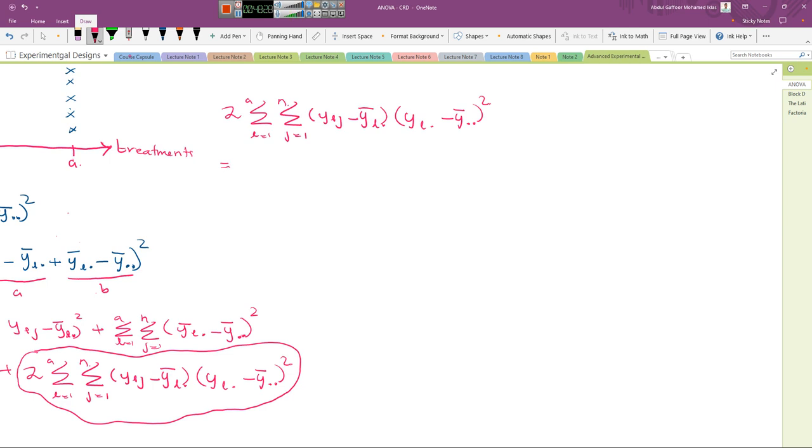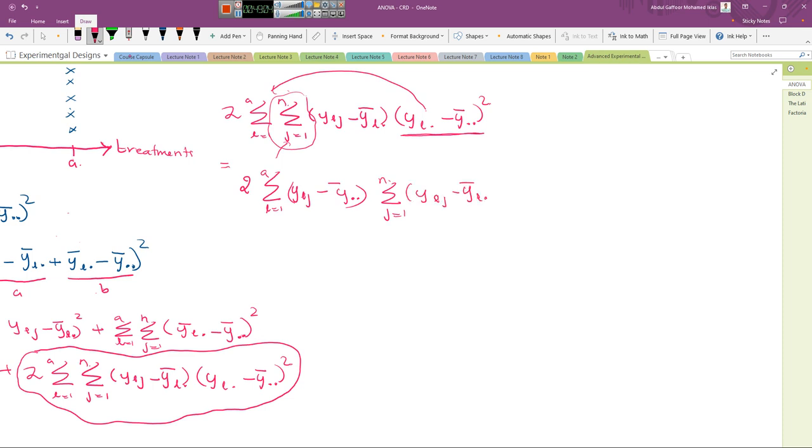Now if you look at this, for this summation, this is a constant, because this expression is independent of the index j, as we do not have any j here. So I can take this out of the summation. So I can write this as 2 into summation i equals 1 to a (yi dot bar minus y double dot bar) into summation j equals 1 to n (yij minus yi dot bar).